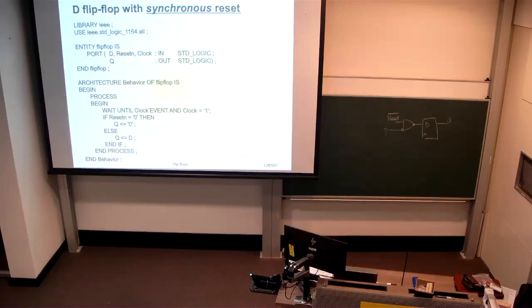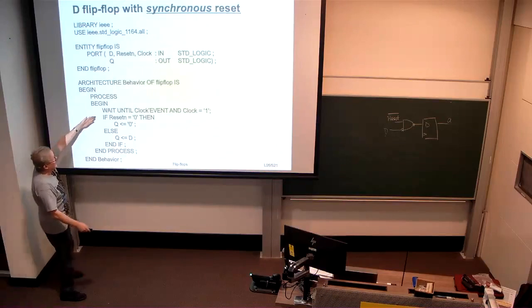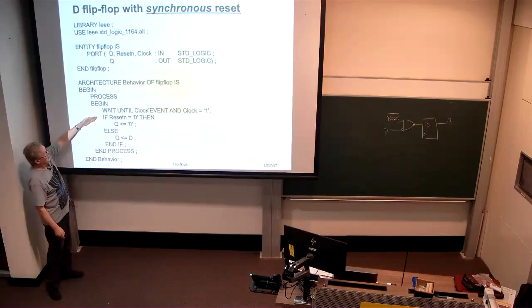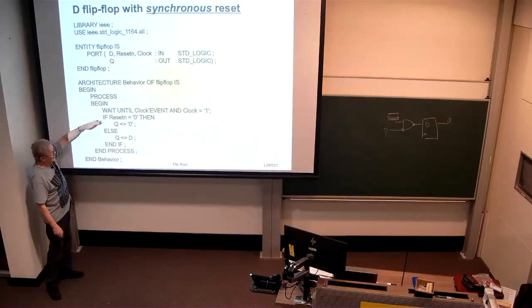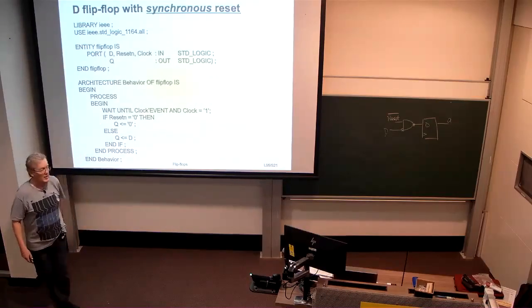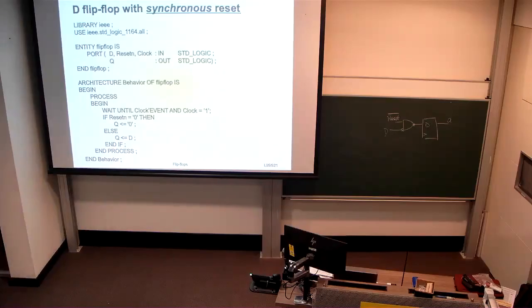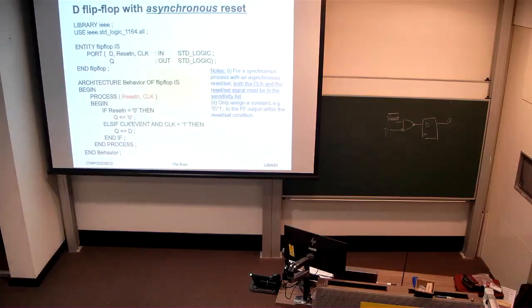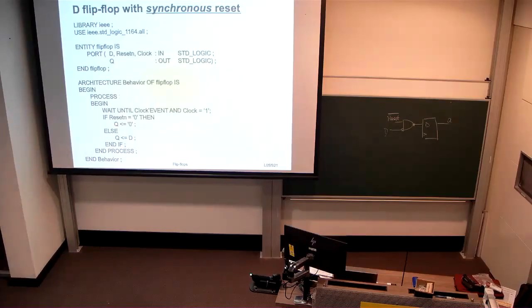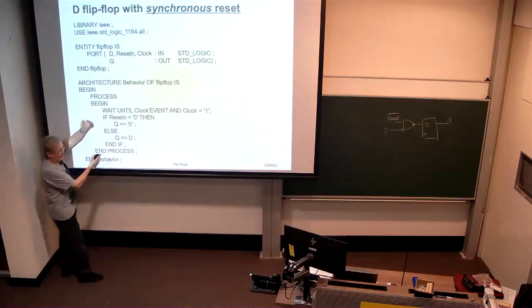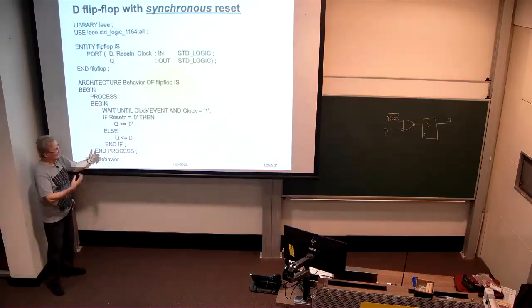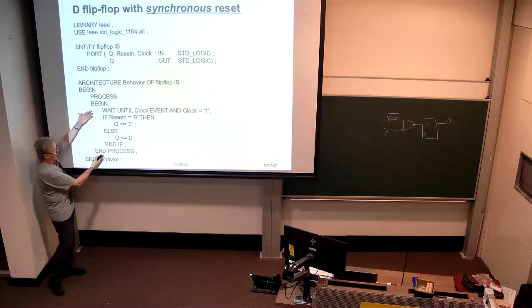Okay, similar situation. This is for a synchronous reset, as you can see, because we're waiting until an active clock edge comes along, and only then are we checking whether reset is active or not. So it's a synchronous reset, as opposed to this one that's asynchronous. How would we code this using the alternative behavioral code for a flip-flop in a process?